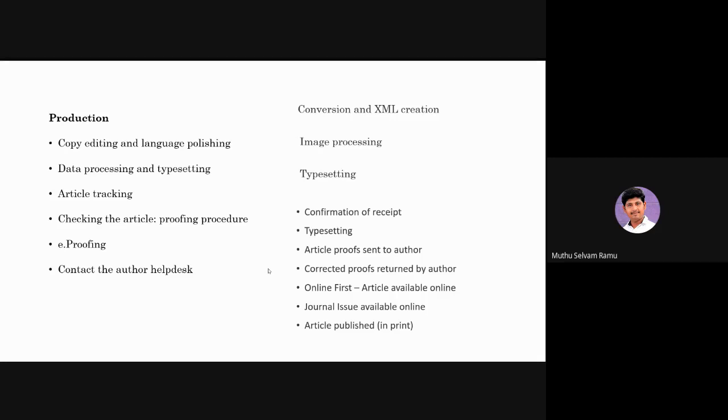They have many checkpoints, and at those checkpoints they are in contact with the scientist, the primary author or corresponding author. The processes start from copy editing and language polishing, data processing and typesetting, article tracking. So I would explain my experience in the production industry.